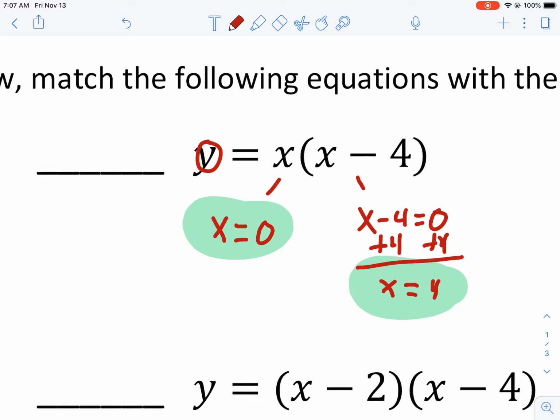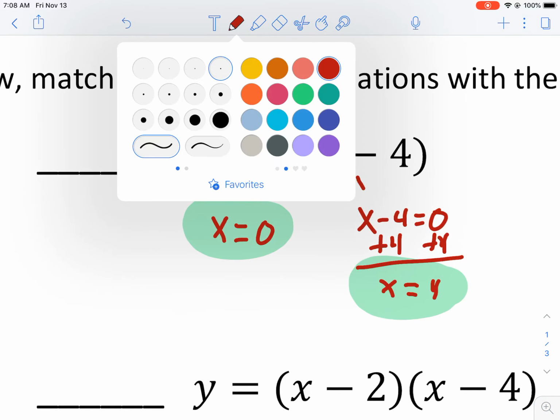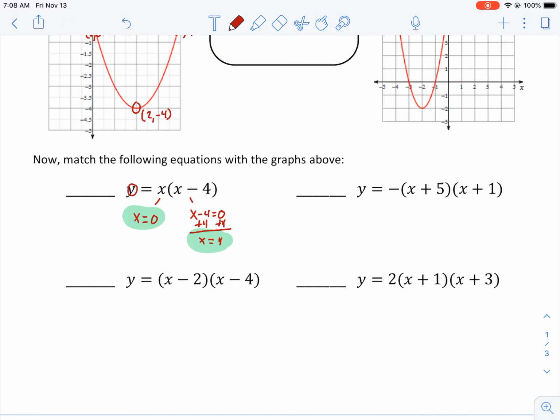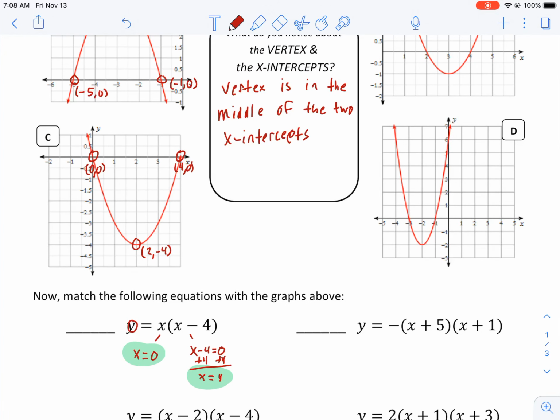You're factoring when y is 0. When y is 0, that is where the x-intercepts are. So this graph has x-intercepts at 0 and 4. Therefore, that matches with graph C.